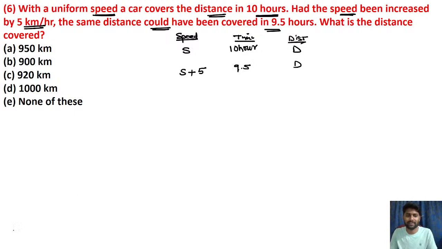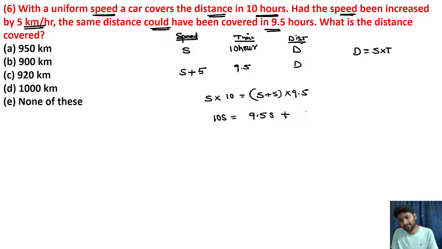See, half an hour less means the person increased his speed. Now the distance is a constant parameter. Now generally how can we calculate the distance? Speed into time. Just equate the information. s into 10 is exactly equal to s plus 5 into 9.5. Now 10s is exactly equal to 9.5s plus 95 by 10 into 5.